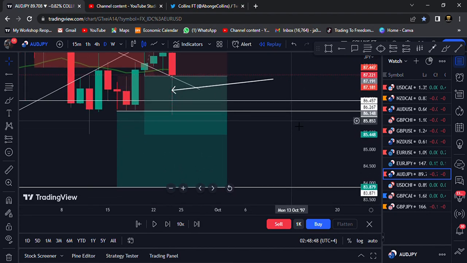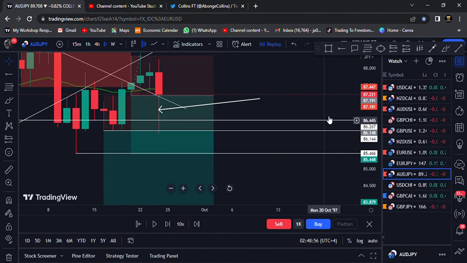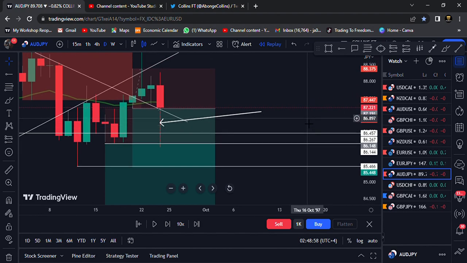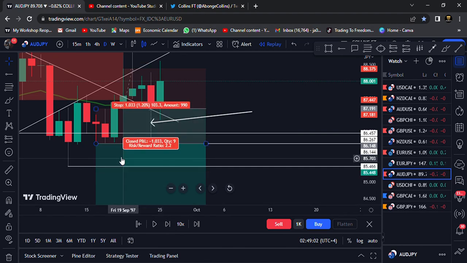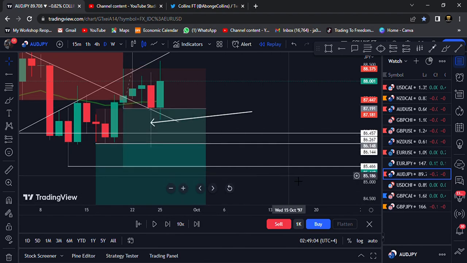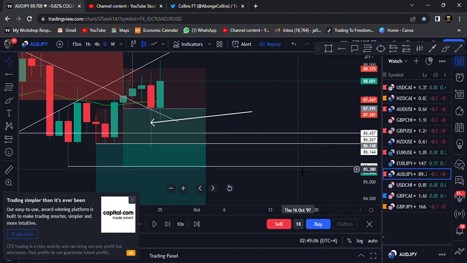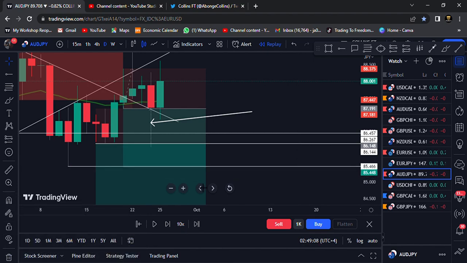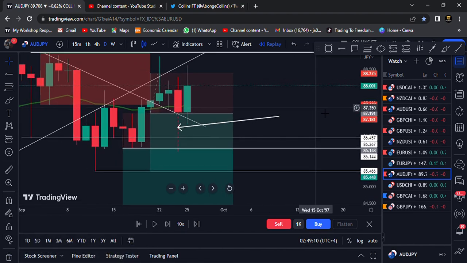That was our first take profit, and then this is the second one. The second one is this one. So we are in profit without losing anything. So whatever the market is doing now, we are good. We can only look for another entry, then we go for it.